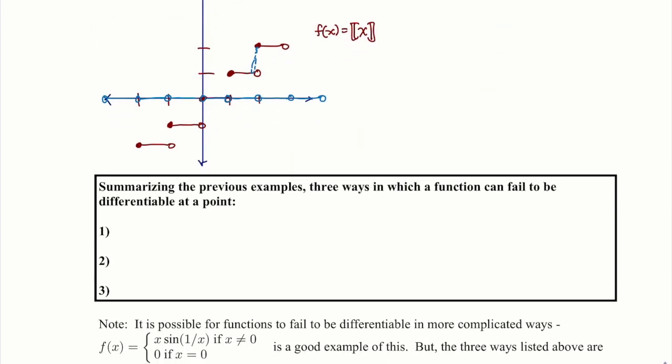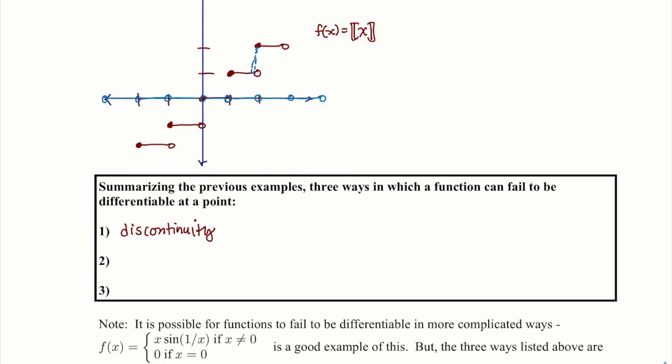So what we can see is there are several ways where a function can fail to be differentiable. One of them is discontinuity, as we see here with this step function.